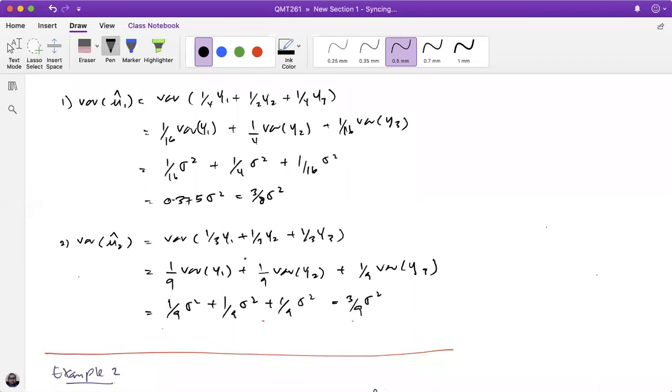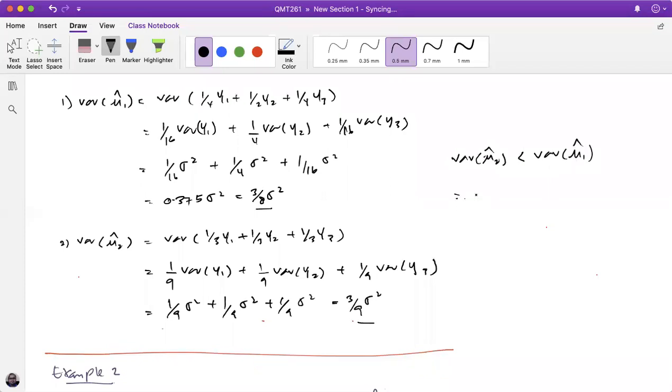So which one is smaller? 3/8 or 3/9? 3/9 is smaller lah. So the variance of mu2 hat is smaller than the variance of mu1 hat.